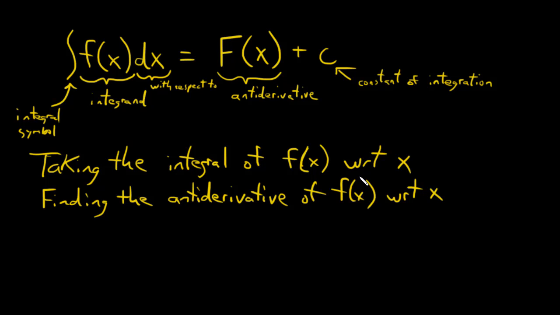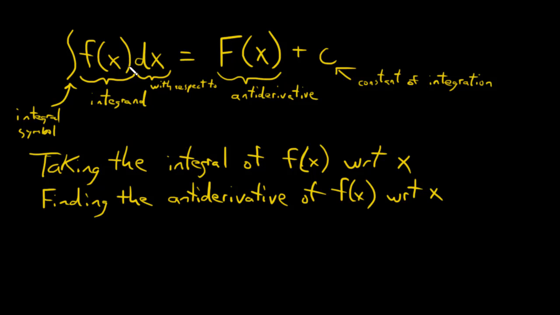Okay, so the antiderivative and the integral are interchangeable for the most part. There's a few little things that you have to be aware of, but for right now, they're pretty much the same thing. And all this is saying, what did I initially take the derivative of in order to get this f of x?